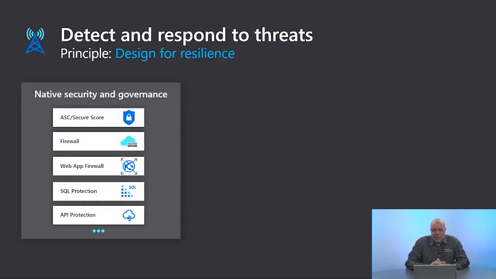So looking at native security and governance, the first thing we want to talk about here is the ASC Secure Score, the Azure Security Center Secure Score. Now, the Secure Score is a score that the Azure Security Center calculates for you, and it measures the level of risk of your workload, of your subscription, of your resources.